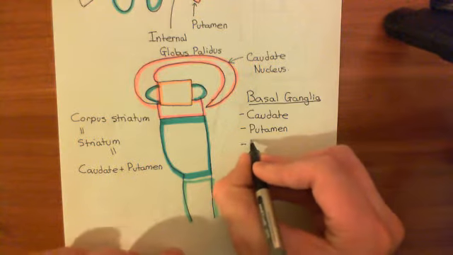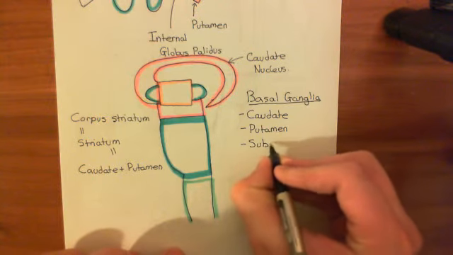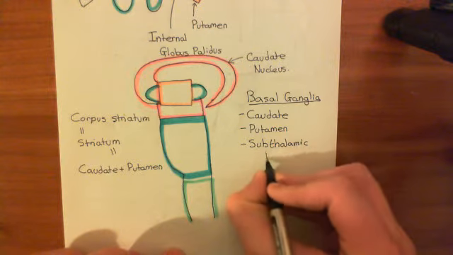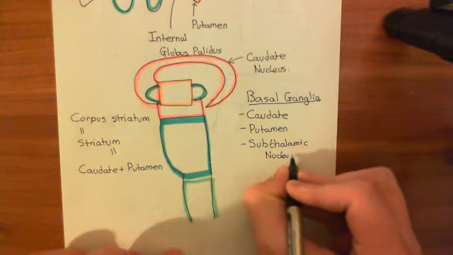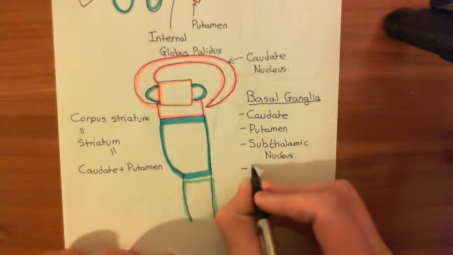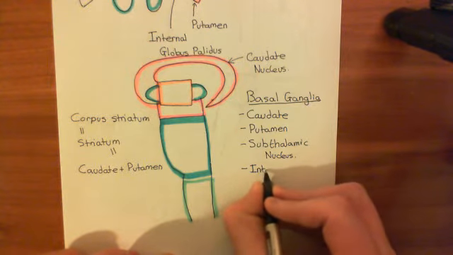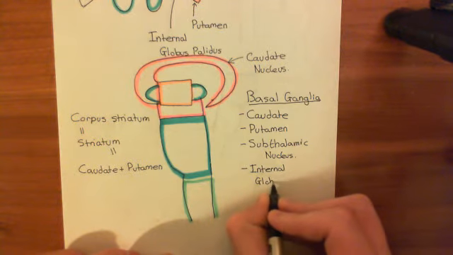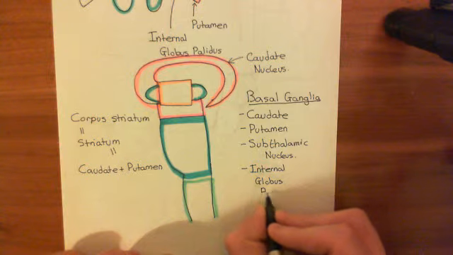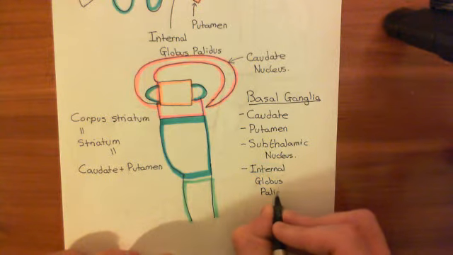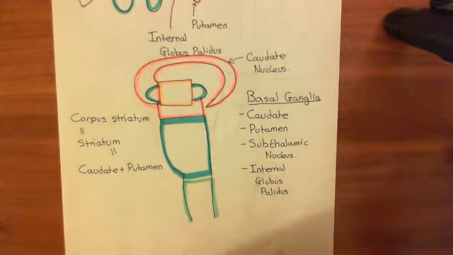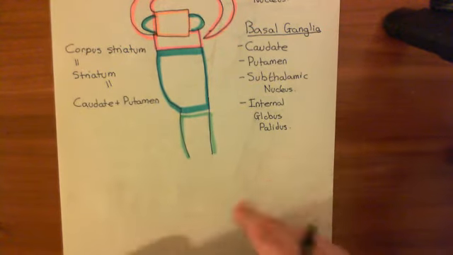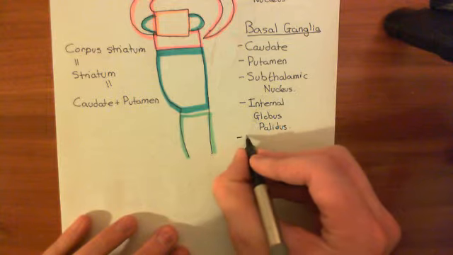This subthalamic nucleus that I've just pointed out to you, subthalamic nucleus, okay. Then you also have the internal globus pallidus, okay, and by the way, the internal globus pallidus, it's often abbreviated to the internal pallidum rather than internal globus pallidus, and I will do that to save time.